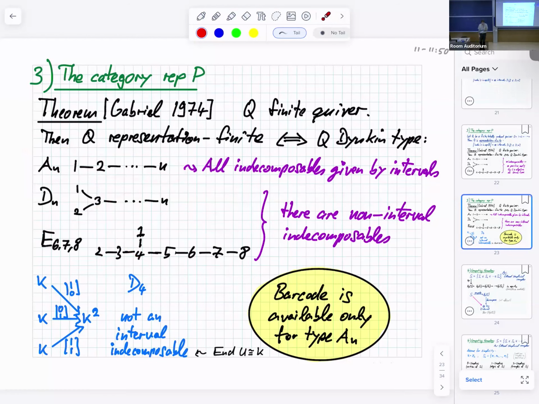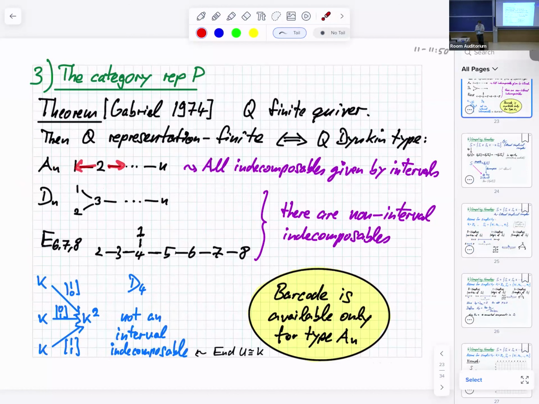It doesn't matter the orientation, right? It's independent of the orientation. So for the AN here, I can have any possible orientation. I can choose this one, this one, this one. Whatever the orientation is, every indecomposable is given by just specifying some connected subset here, some interval, and you put k everywhere here.